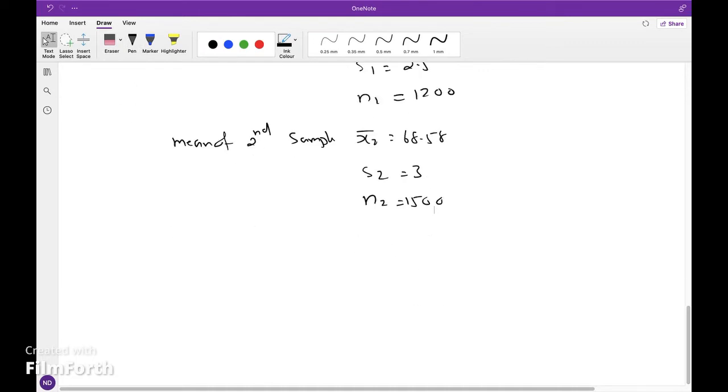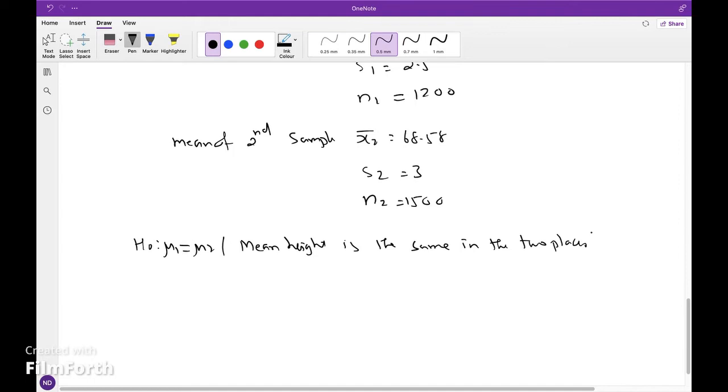The null hypothesis: mu1 equal to mu2, that means the mean height is the same in the two places. The alternative hypothesis: mu1 is not equal to mu2.